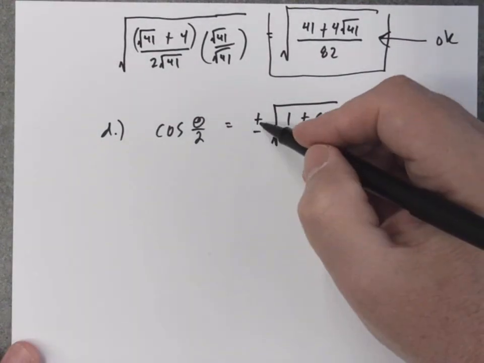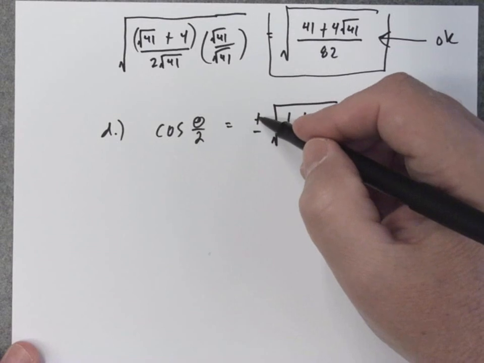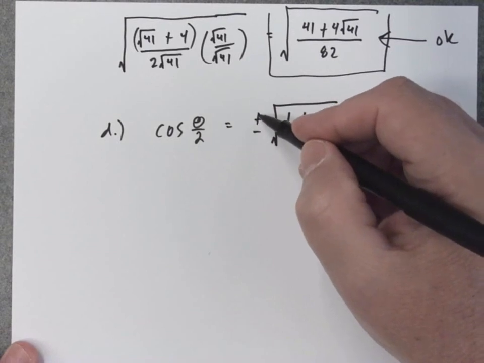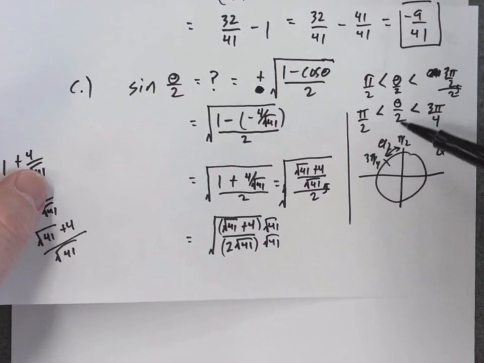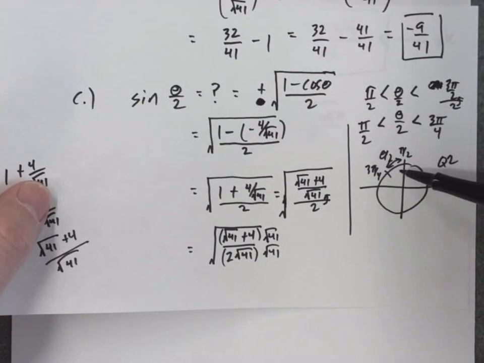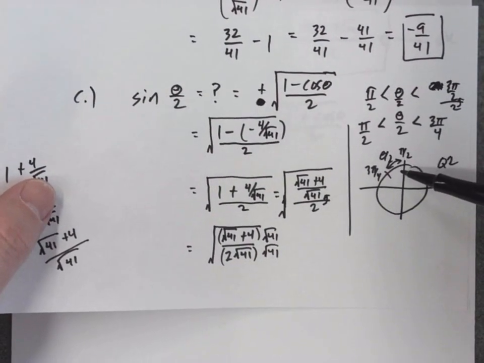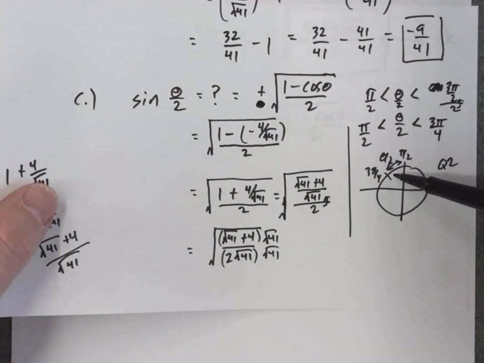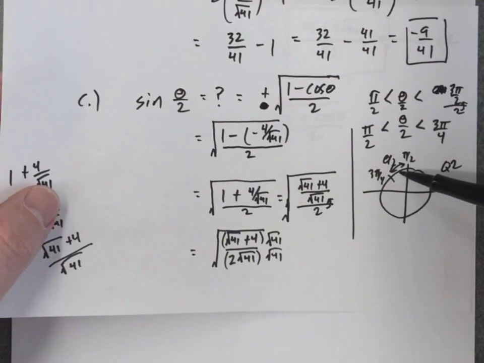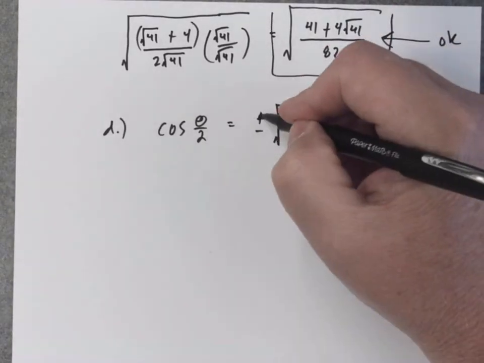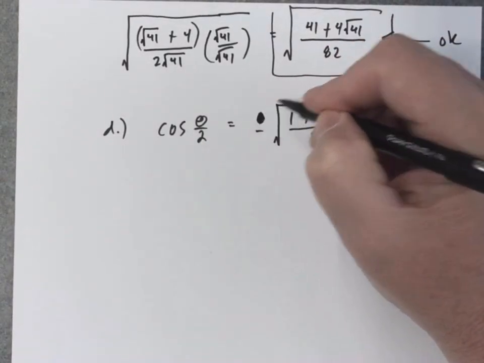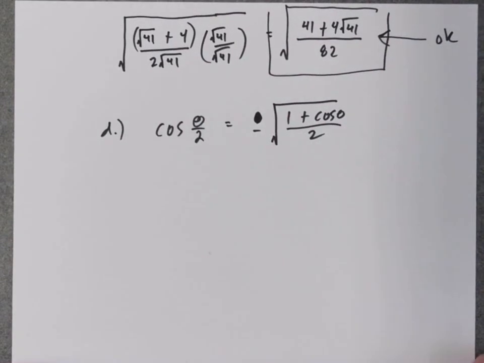But now I have to think, all right, for the cosine, is my answer going to be positive or negative? If I go back here, my half angle is in quadrant 2. What is the cosine of quadrant 2? The cosine of quadrant 2 is actually negative. So from the start, I realize my answer is going to be negative.